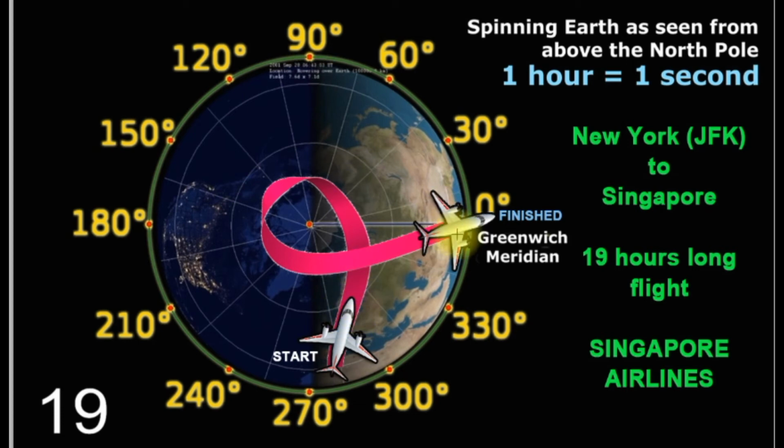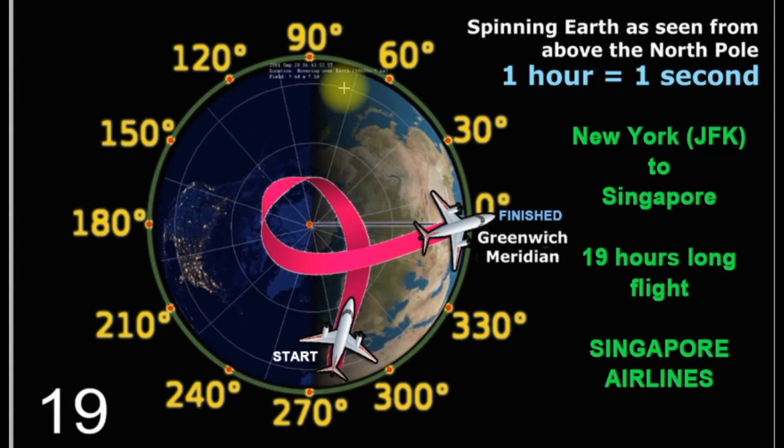This is how this flight would look on the rotating globe from the moment it started to the moment it landed in Singapore 19 hours later. It makes no sense, of course, on the spinning ball Earth, because Earth is not spinning, so it makes no sense at all. Just look at the flat Earth map and see how this flight really looks.